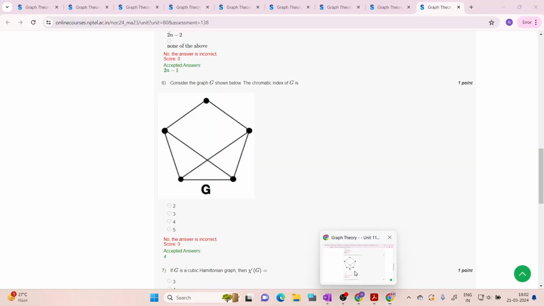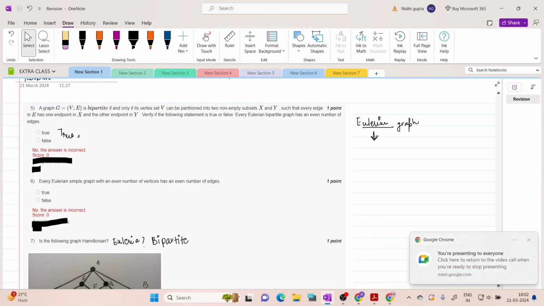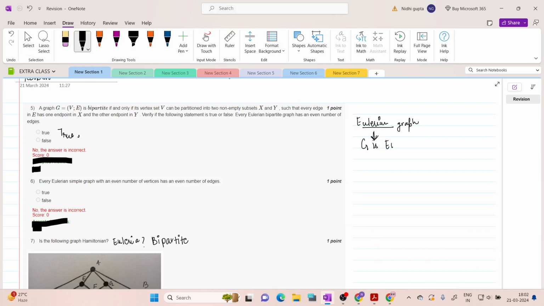So G is Eulerian if and only if every vertex in G has even degree.